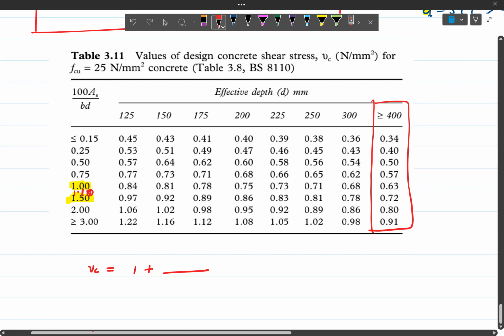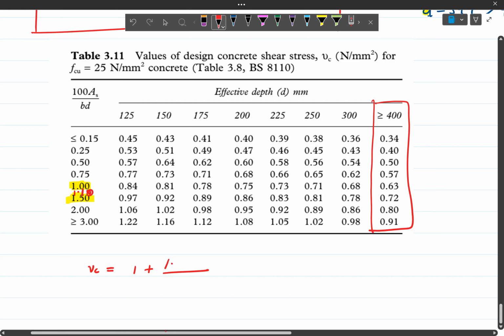X and Y. So 1 plus, so I think is, let me see if I can get it here. I don't have a calculator, so hopefully I get my answer right.